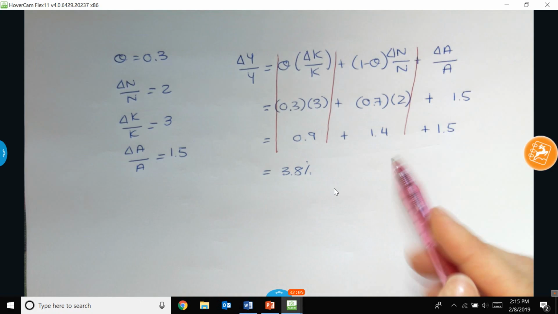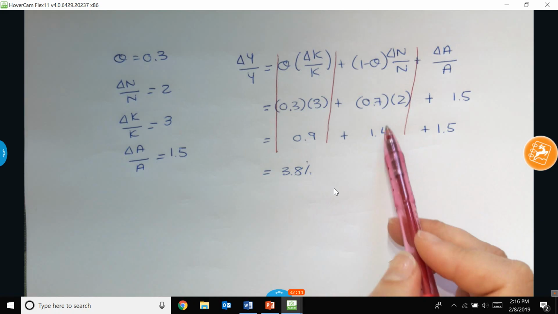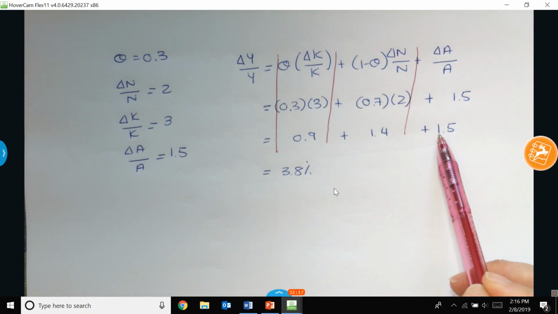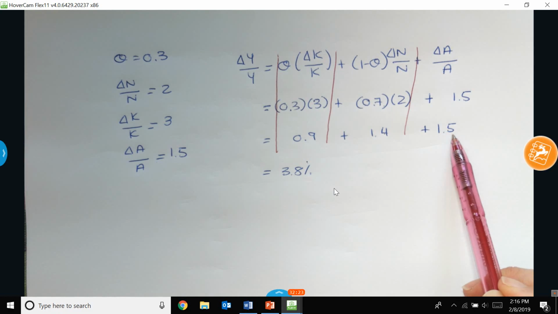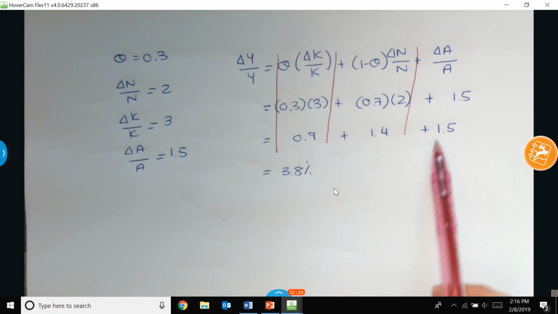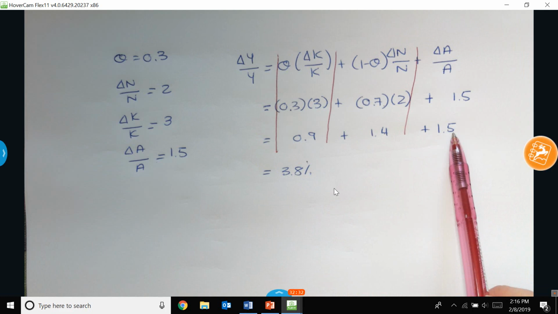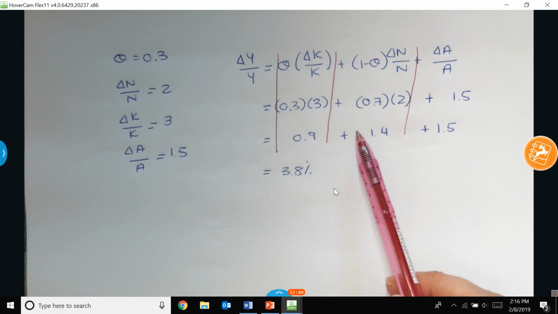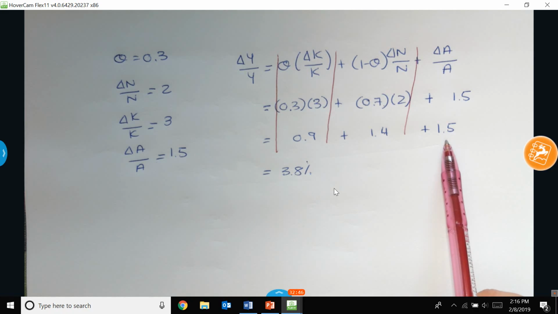Over here, 1.4% of the 3.8% increase in total output was contributed by the growth in the population size. And the remainder of 1.5% was contributed by technological change. So these three things together contributed to total output growth. So what our growth accounting equation is able to do is tell us which of the different inputs were contributing the most to total output growth. And given the figures in this example, technological change was contributing the most to output growth.